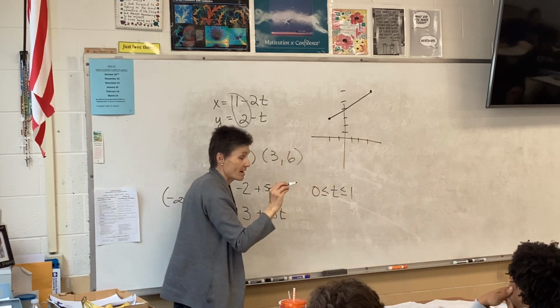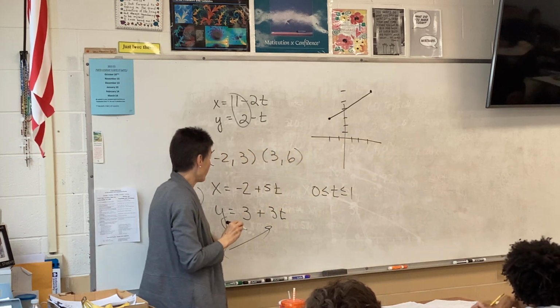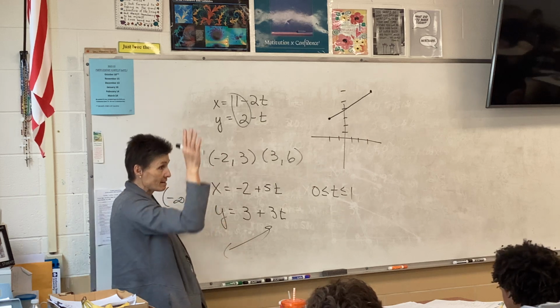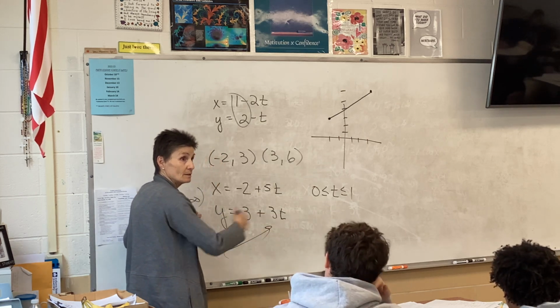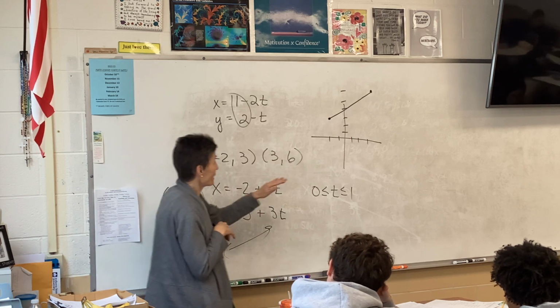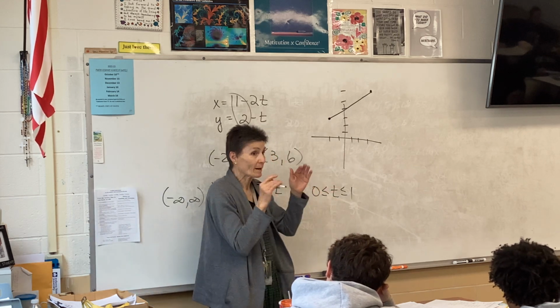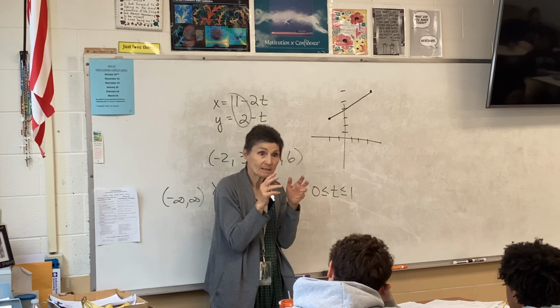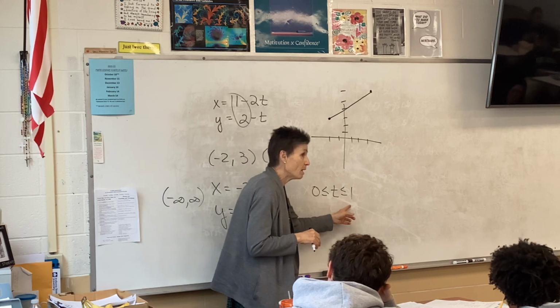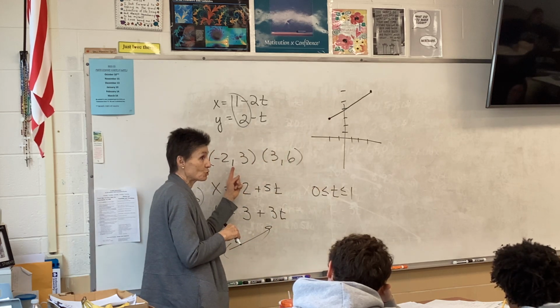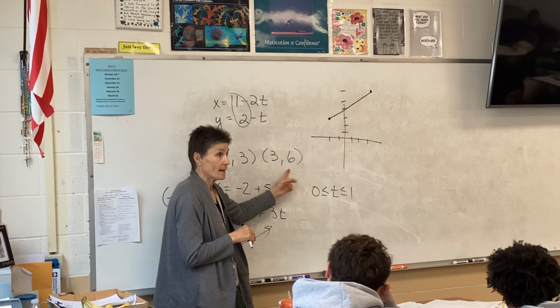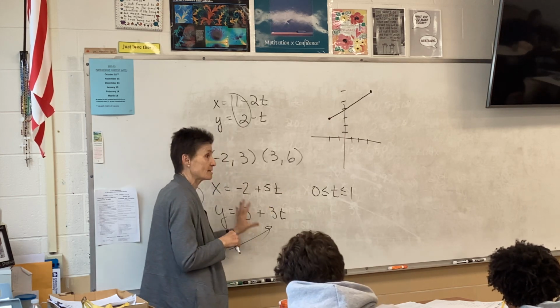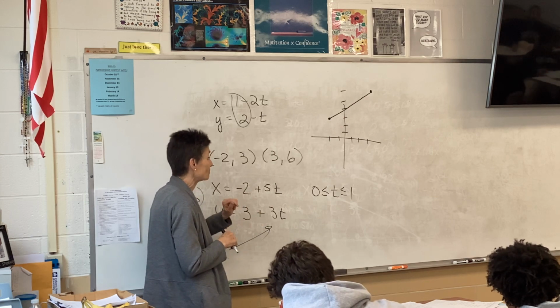But not beyond them, just in between them. So when I let t be anything, I got the entire line. When I restrict my t's, what do I end up getting? A segment. And when it's 0 to 1, it's going to be the segment joining the 2 points that you created. Okay? As long as this is in simplified reduced form, which it is.